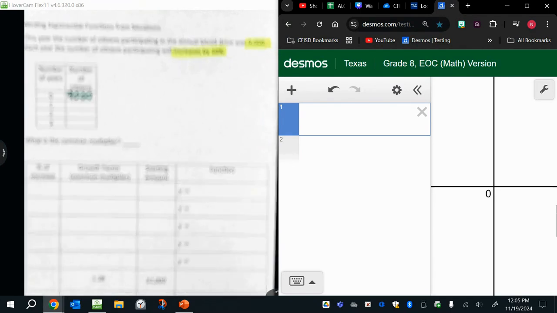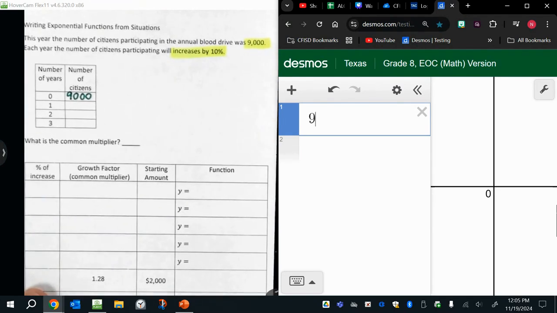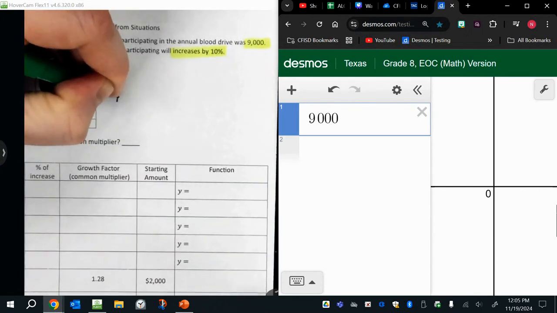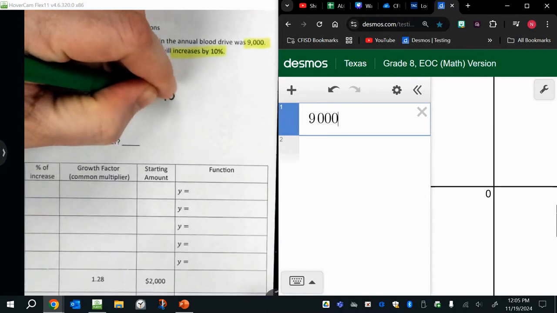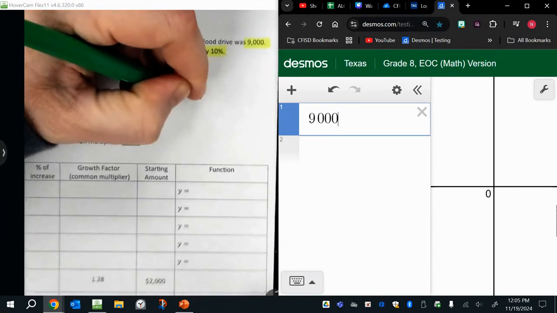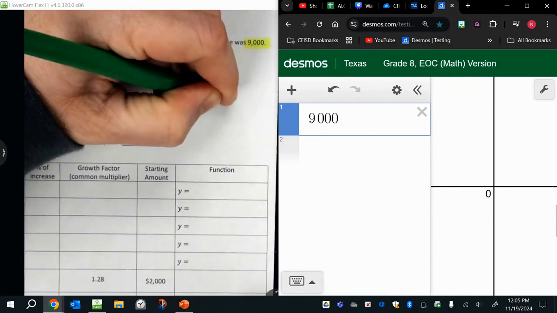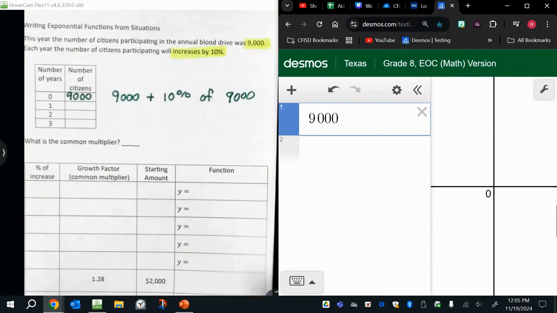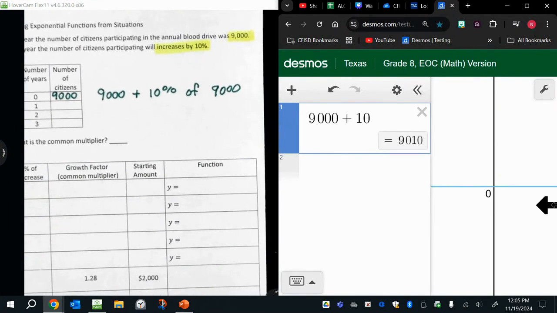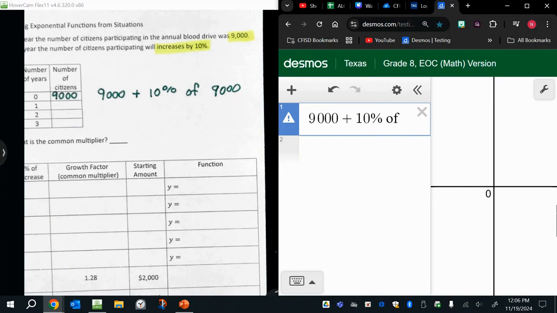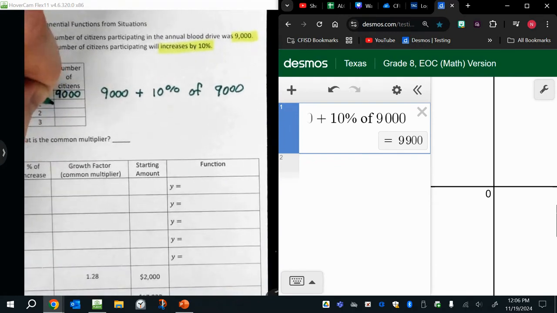So, I'm going to start with 9,000, and I'm going to add 10% of 9,000. So I'm going to add 10, and then I'm going to type the percent. It gives me the "of," and then I just put 9,000. And that tells me 9,900.